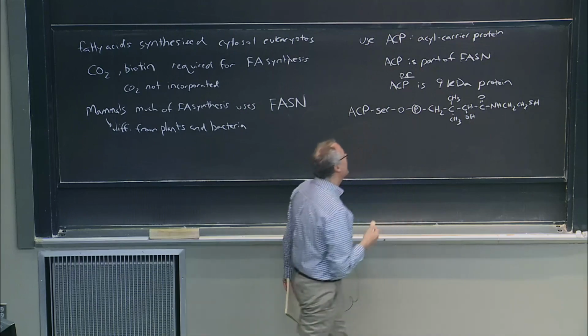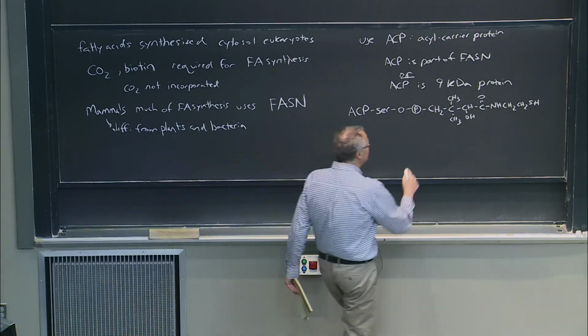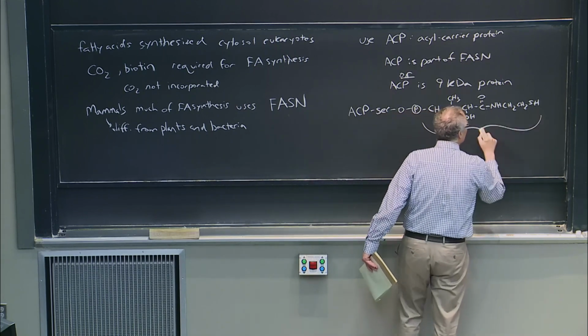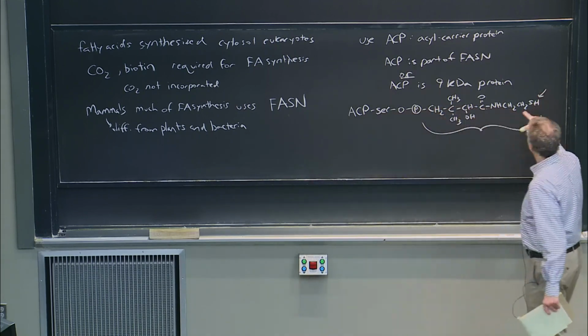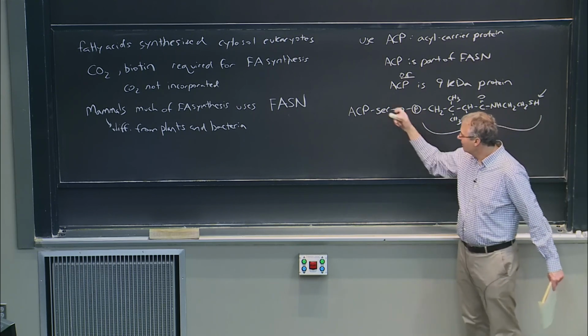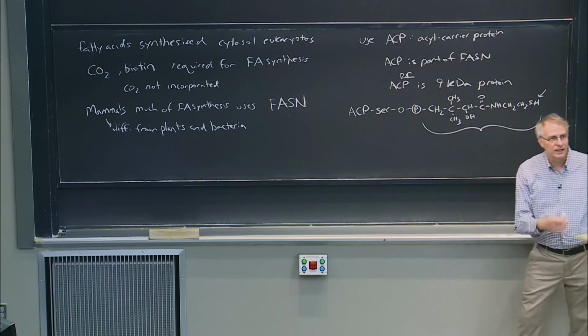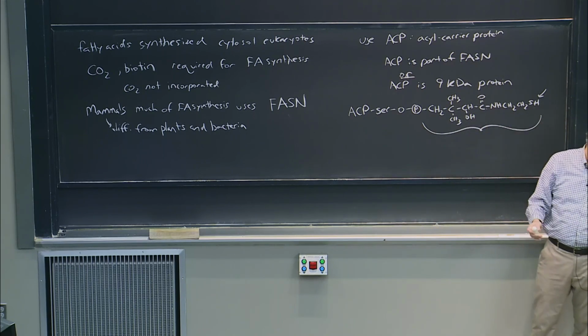Okay, so if you look back in your notes when I drew out coenzyme A, the business end of the molecule was right here, with the sulfur on the end there being the one that formed the phosphodiester bond. This one, rather than being linked to a nucleoside, in this case is linked to a serine as part of a peptide.